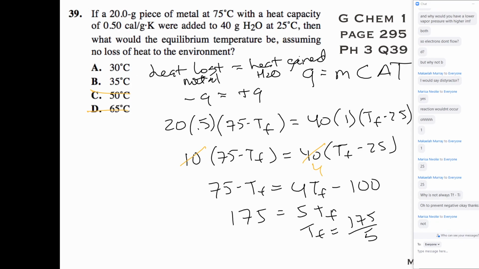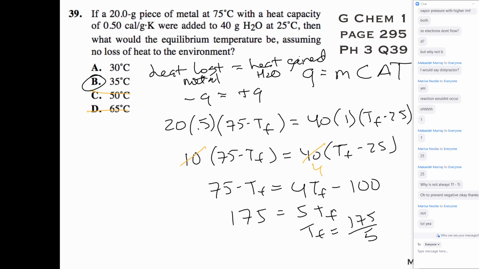Not 30. So therefore, I'm going to pick B and be happy with my lazy math. How many actually did the math and know that that is 35? Okay, so hopefully that seems okay. All right, onward to the next one.